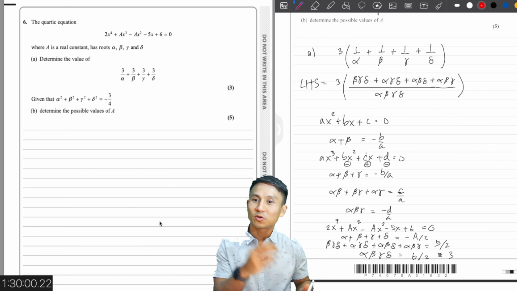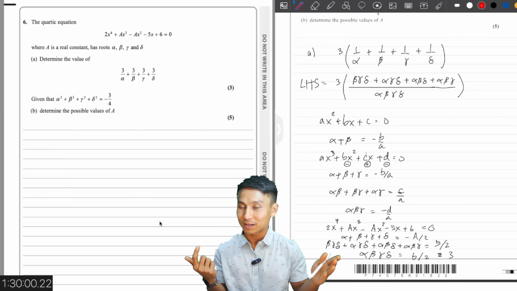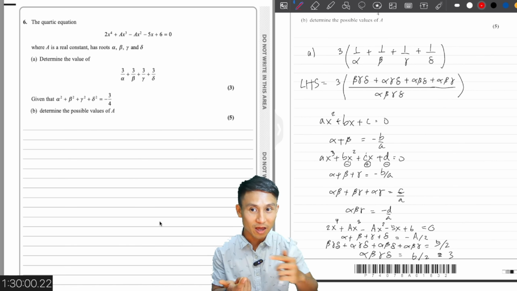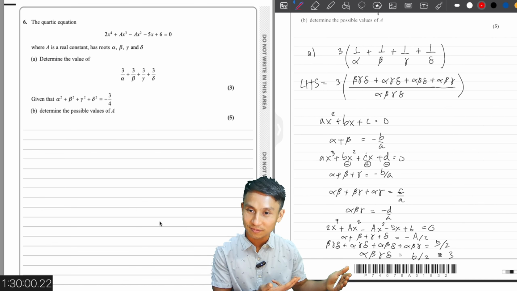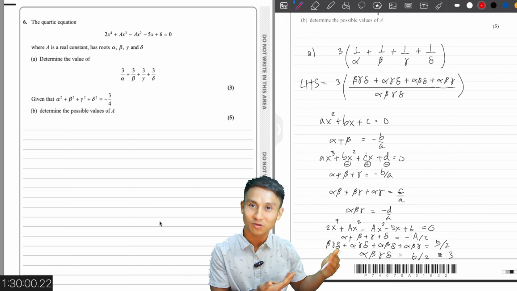When it's quartic, you're going to have the sum of roots individually, alpha plus beta plus gamma plus delta, the sum of products of two roots, alpha beta, alpha gamma, and so on, and also the sum of products of three roots, alpha beta gamma, alpha beta delta, and so on.